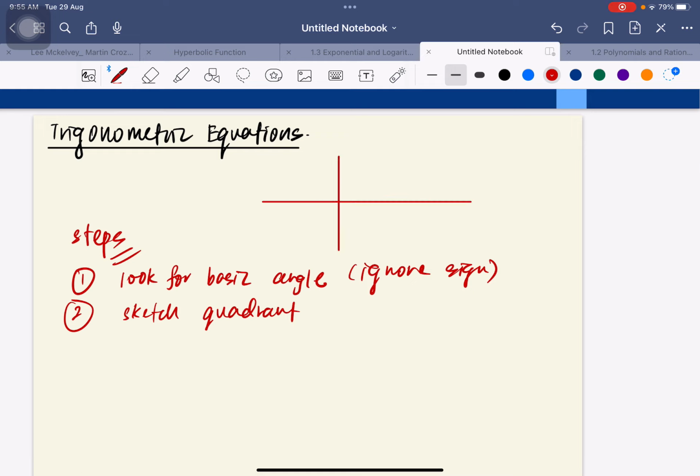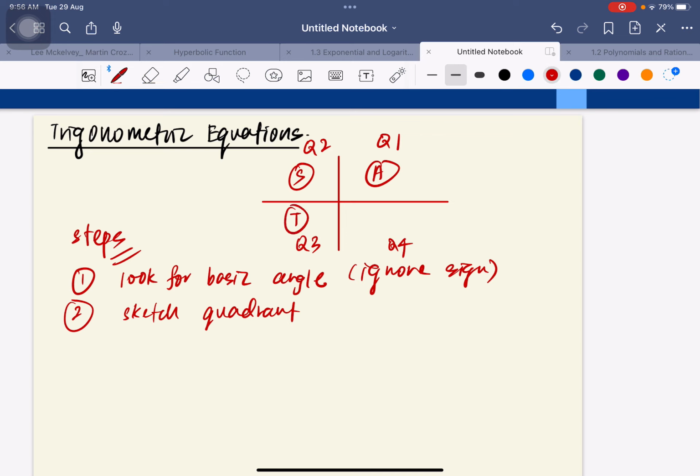So you know that this is the first quadrant, second quadrant, third quadrant, fourth quadrant. In the first quadrant, all trigonometric ratios are positive. In the second quadrant, sine is positive.